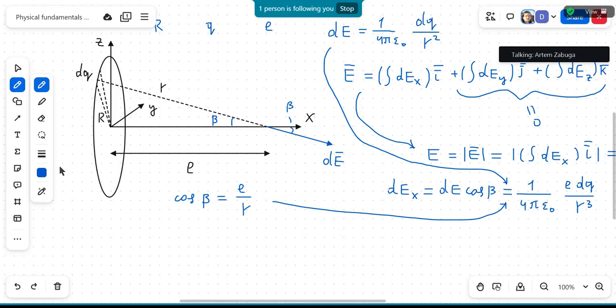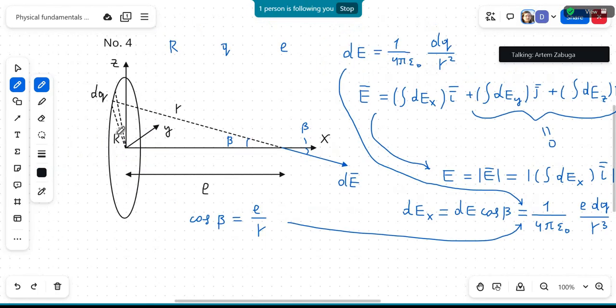And one more from picture. We can see that here we have the right triangle, and according to the Pythagoras theorem, this is equal to the square root of L to the power of 2 plus R to the power of 2.